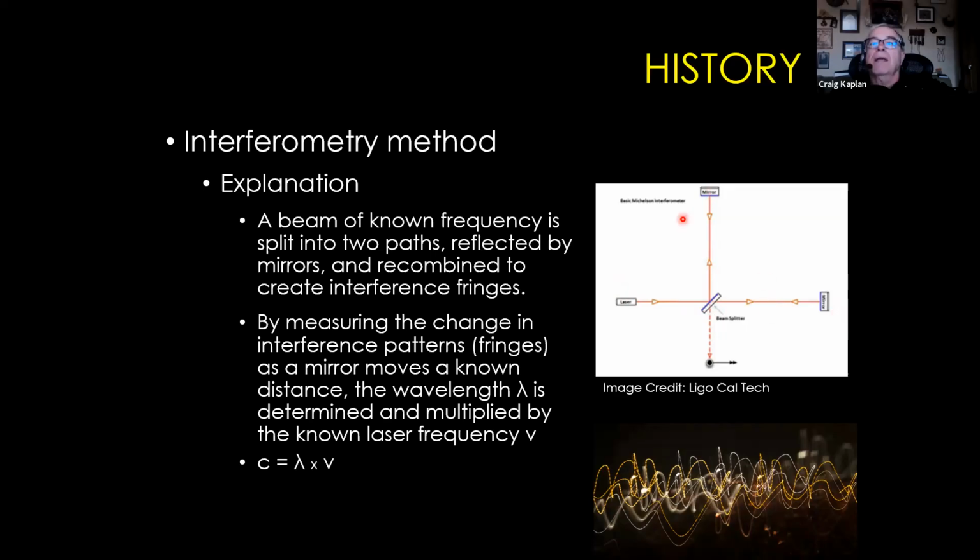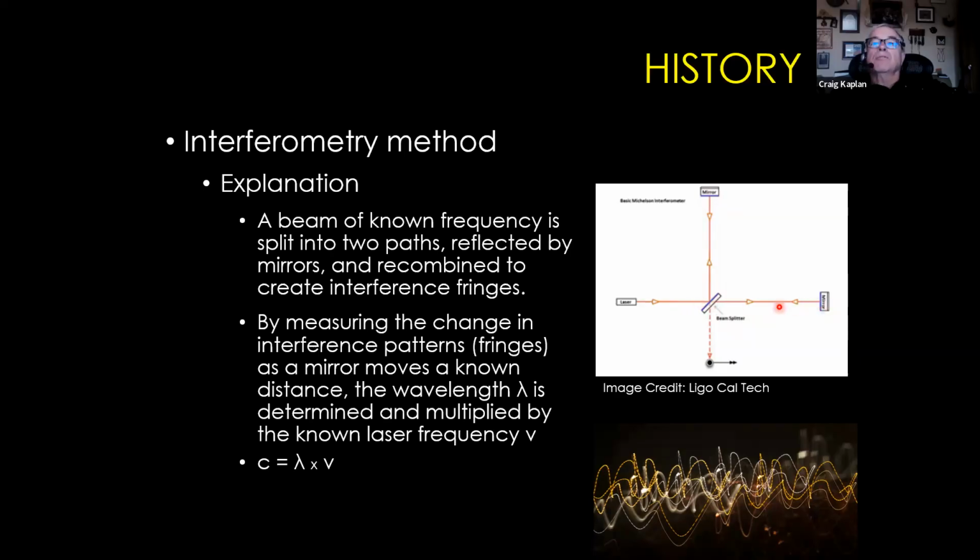Then they both are reflected, and this is reflected off this side, that passes through, and there's a detector here. If these mirrors are the same distance, then the waves experience constructive interference.